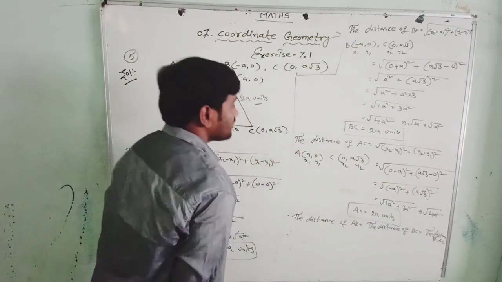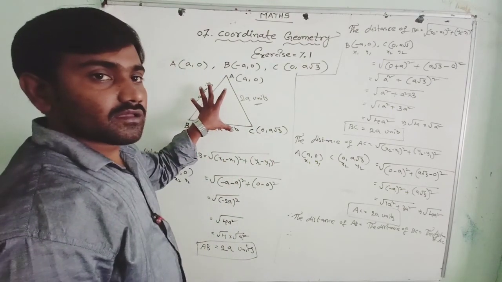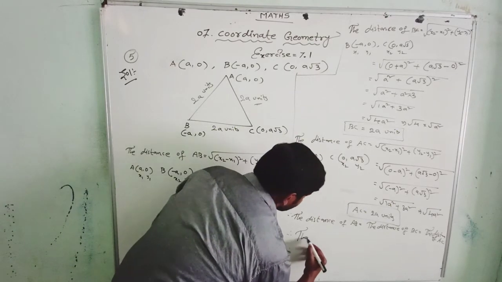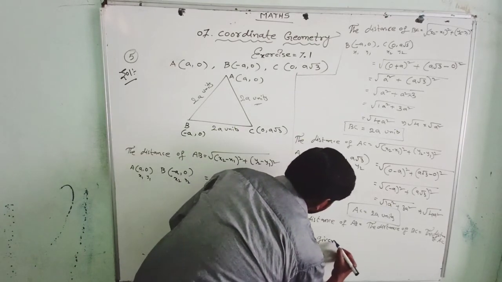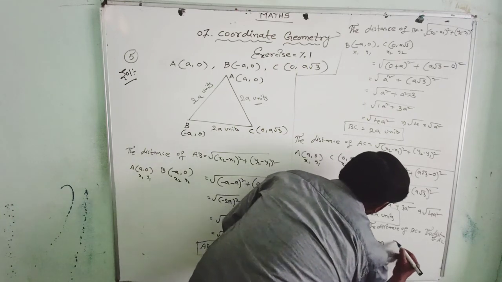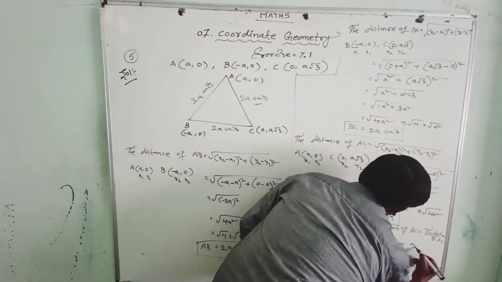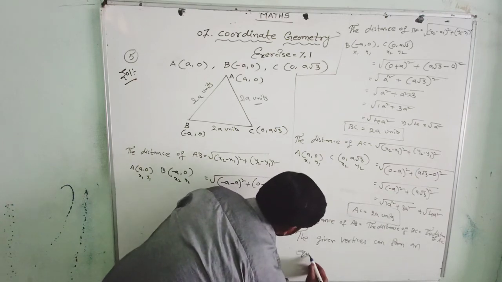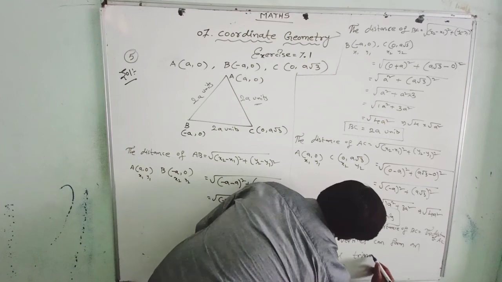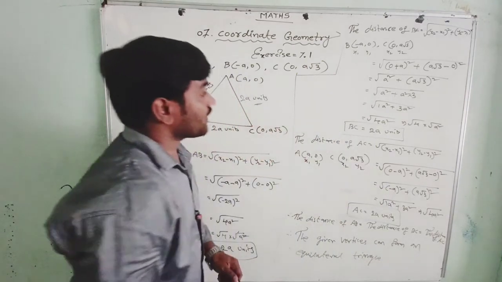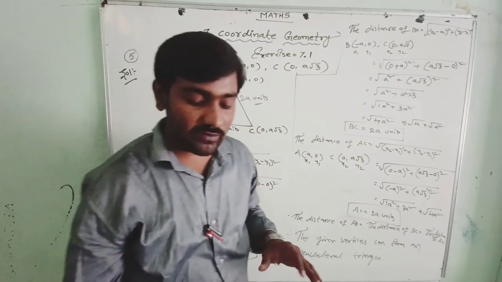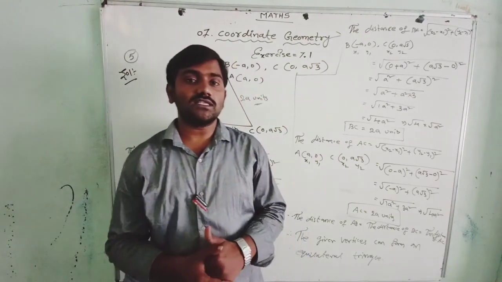Hence, the given vertices can form an equilateral triangle. These are the first 5 questions of exercise number 7.1, and the remaining questions we will discuss in our next video.